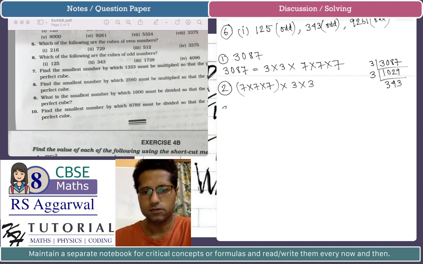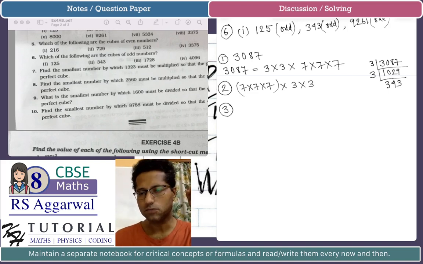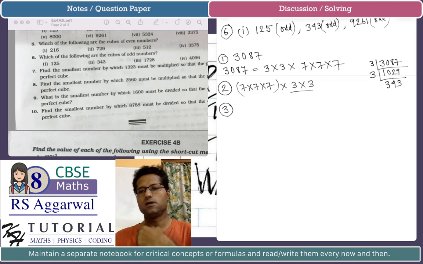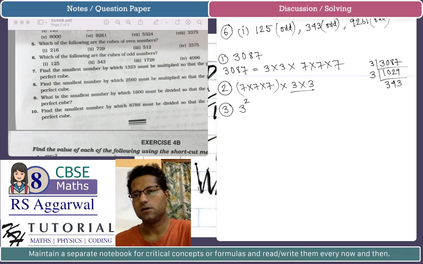Now step 3: after you have formed triplets in step 2, identify all the factors, with their powers, which are not part of any triplet. We can see that the factors 3 and 3 are not part of any triplet. Now what is 3 multiplied by 3? It is 3 square. So we identify all the prime factors from step 2 which are not part of any triplet, and if there are similar factors, you merge them as powers.